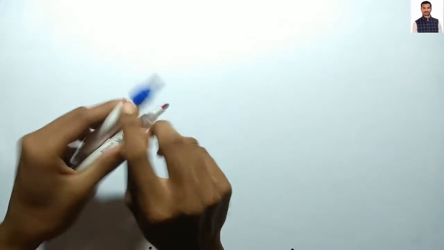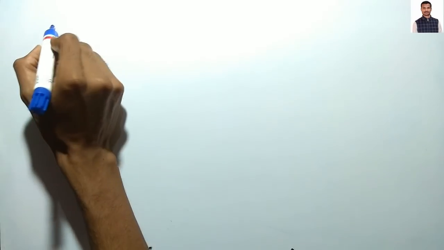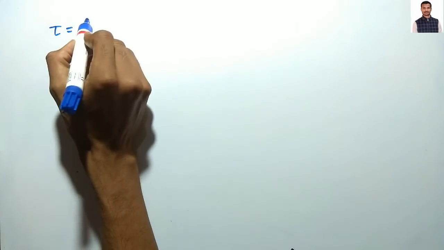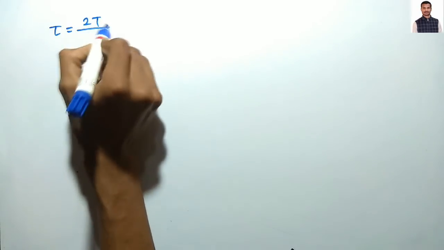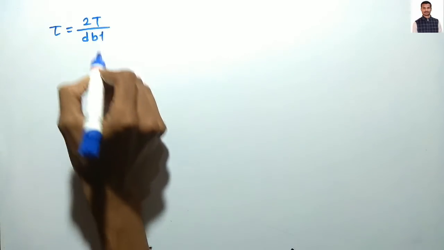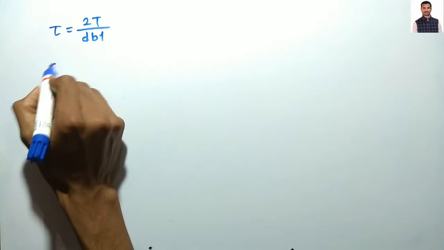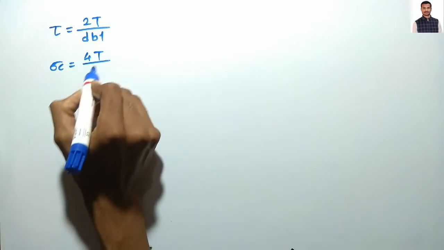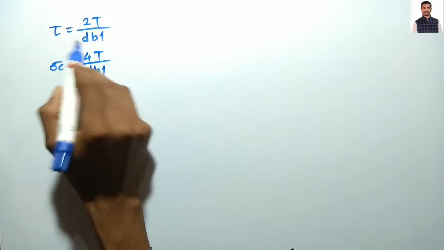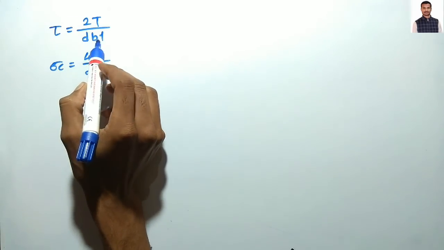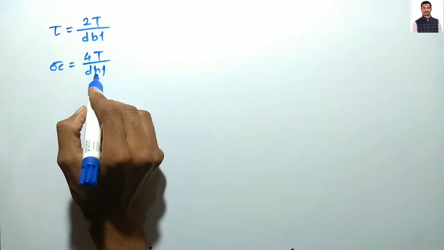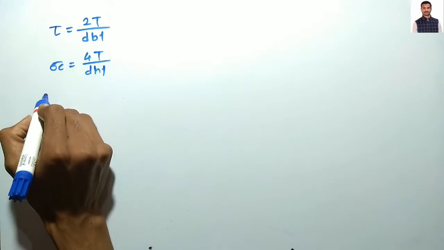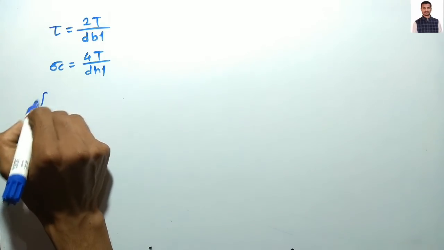Now friends, we know that the shear stress in case of key is tau is equal to 2T divided by dBL, and crushing stress sigma C is equal to 4T divided by dHL. So shear stress is 2T divided by dBL and crushing stress is 4T divided by dHL. Now let us assume square key.